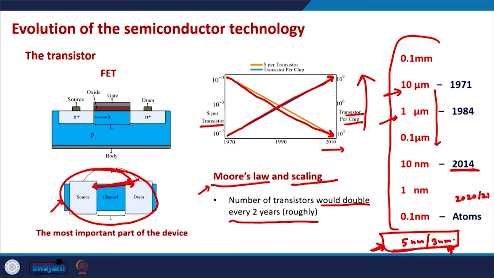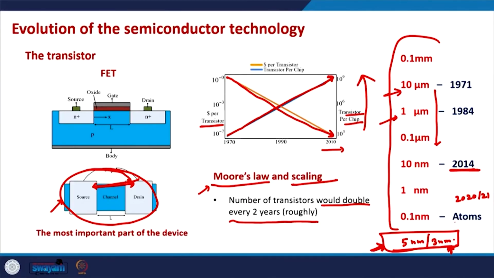the dimensions at which we are nowadays operating, in the last 6-7 years, are typically tens of nanometers. And if we look at the dimension of atoms, it is a few angstroms.